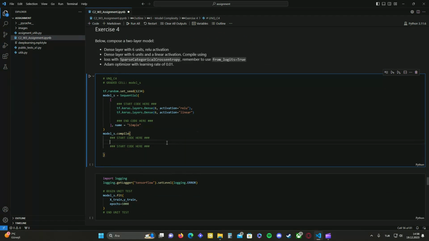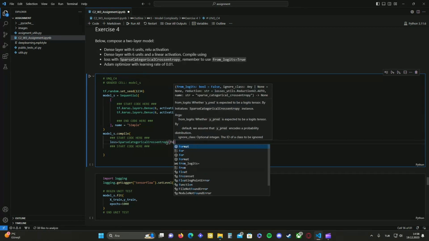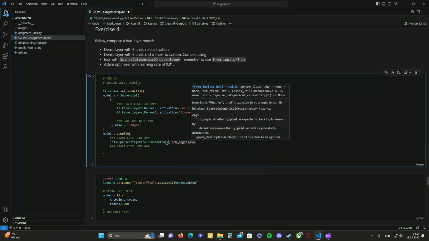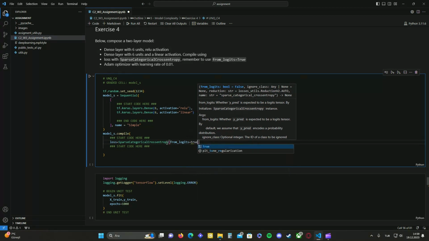And compile. Define a loss, sparse categorical cross entropy, from_logits true.